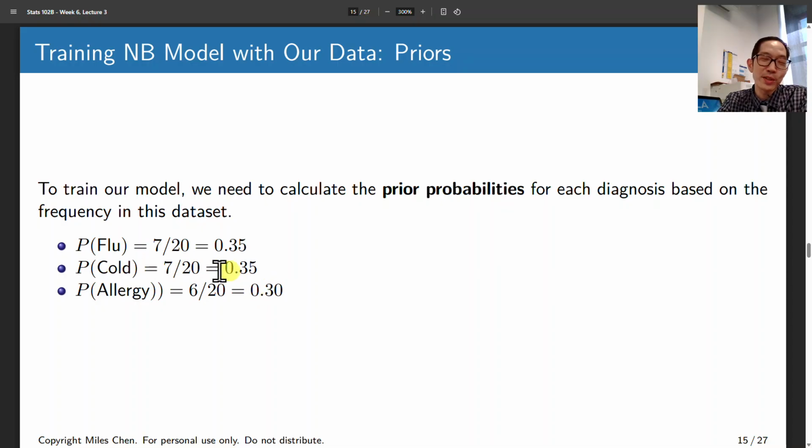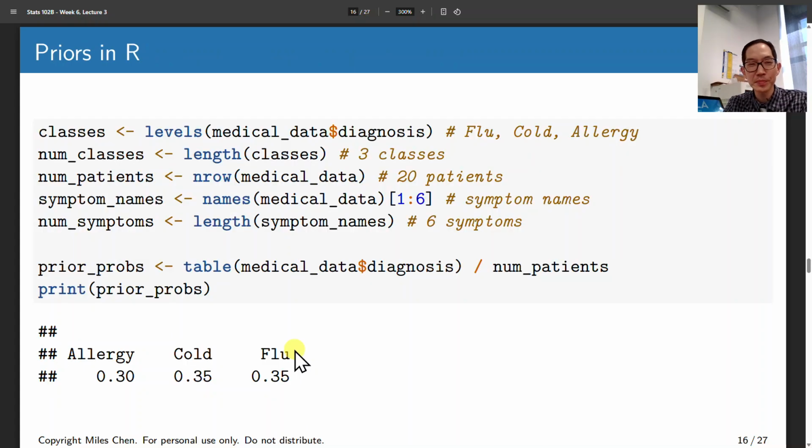Cold appeared 7 times, so 35% chance of cold. Allergies appeared 6 times, so 30% chance of allergies. This is a huge assumption, that our training data is representative of the patients that we'll see in the future.